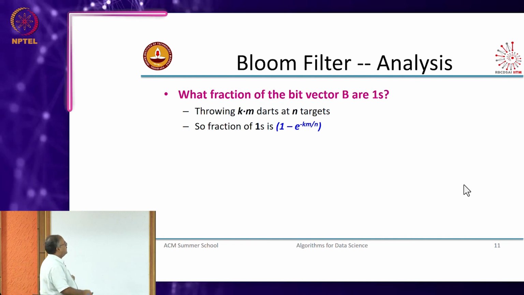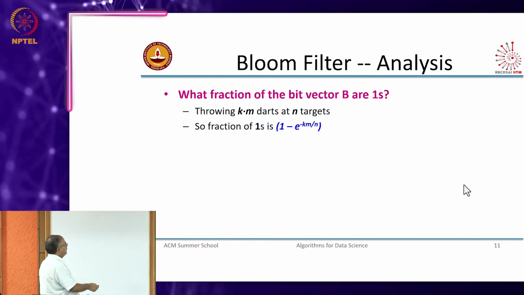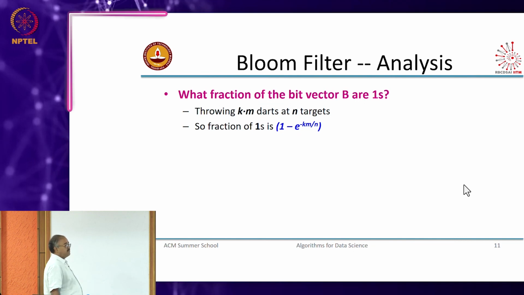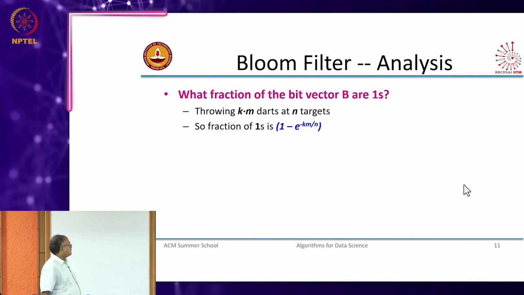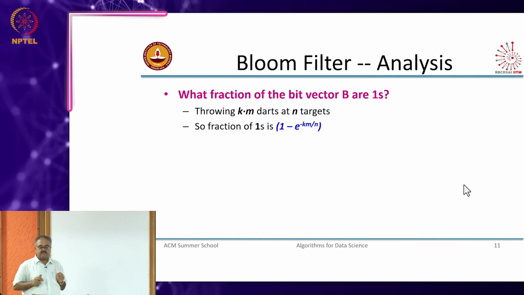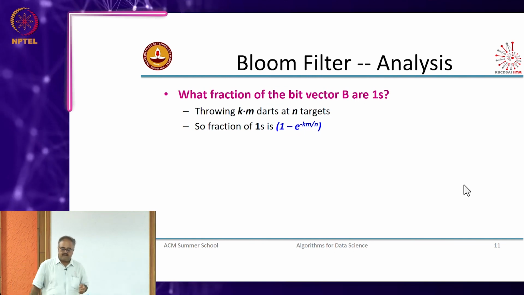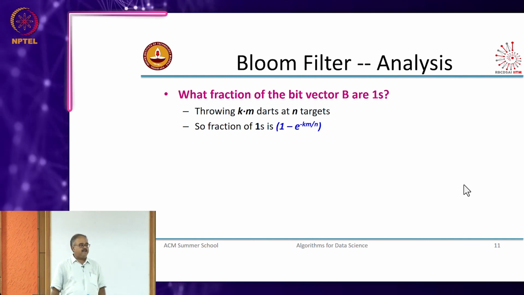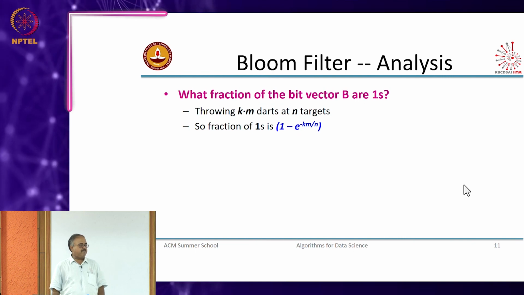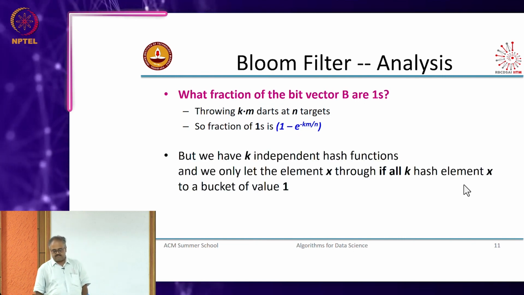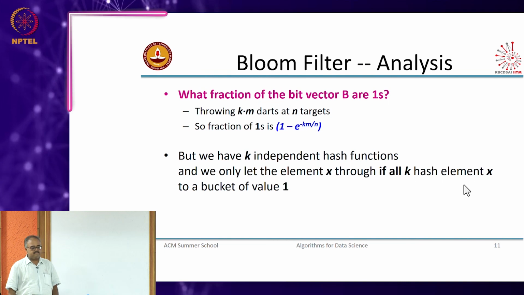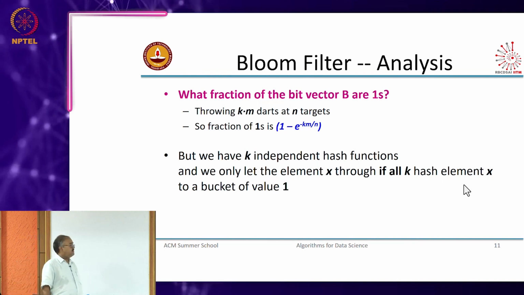So, now again go back to throwing darts. Instead of throwing m darts that we did earlier, now we are throwing k times m darts. So, just the same analysis will work here. Instead of e power minus m by n, we are going to have e power minus km by n. But then there is a slight difference here.